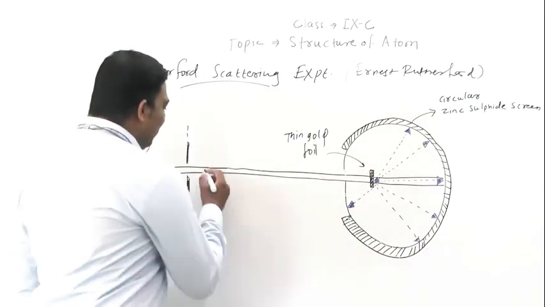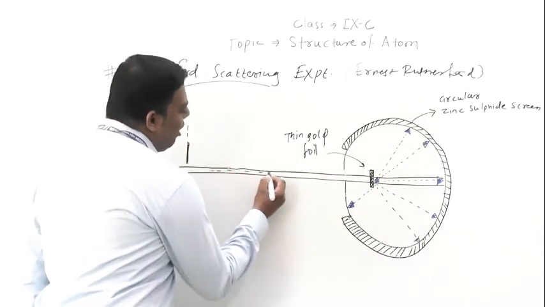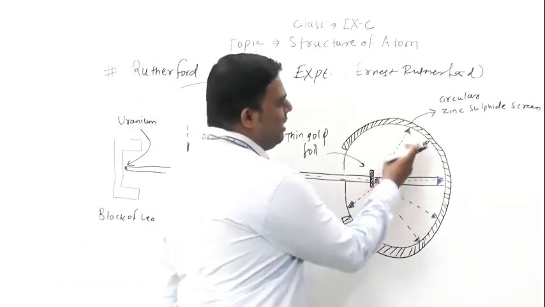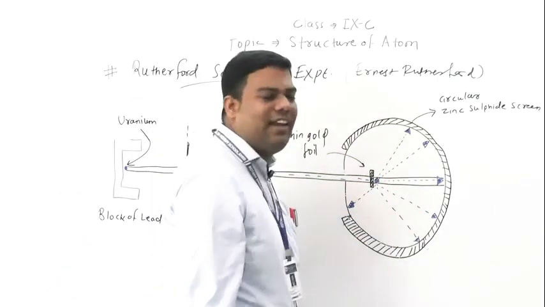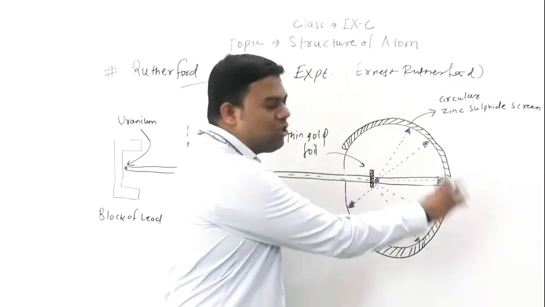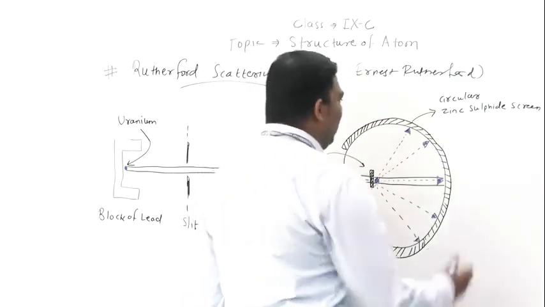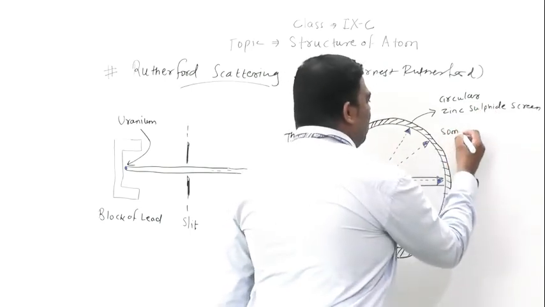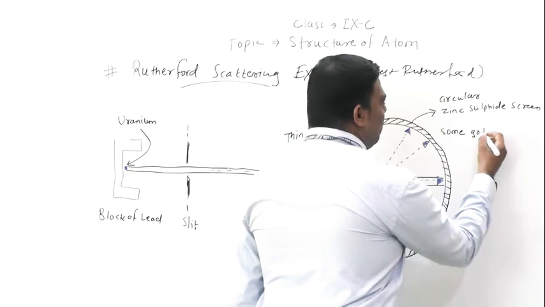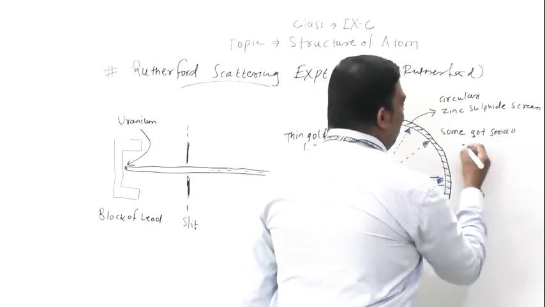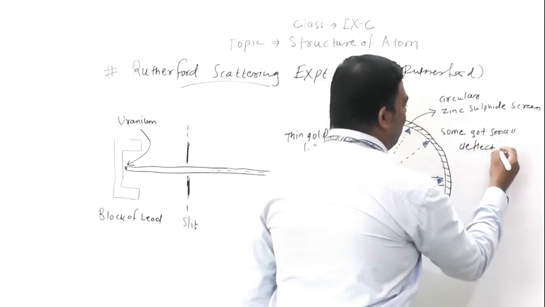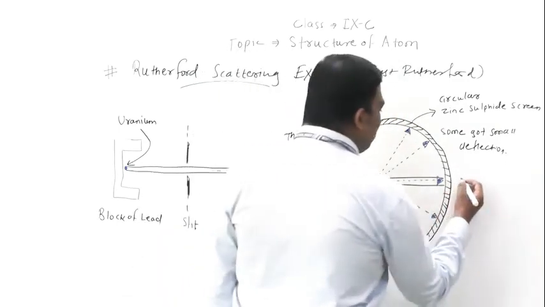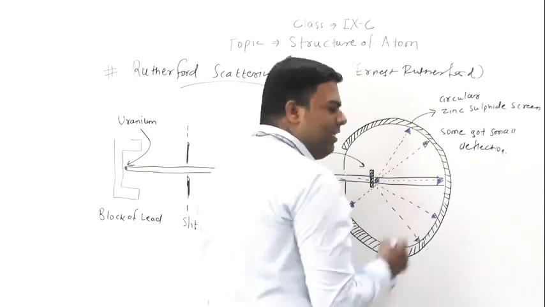After passing through the gold foil, what he observed was that some rays showed deflection, some showed small deflection, and most of the rays went in a straight line.